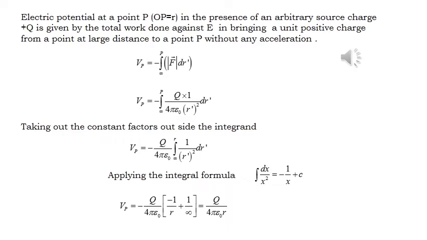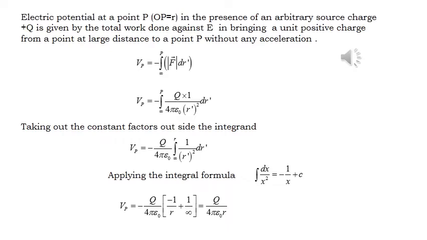It is known that the integral of dx by x square equals minus 1 by x. So applying this, the potential at P is minus Q by 4 pi epsilon naught. After integration we have to apply the upper limit and lower limit: minus 1 by R plus 1 by infinity. 1 by infinity is 0.